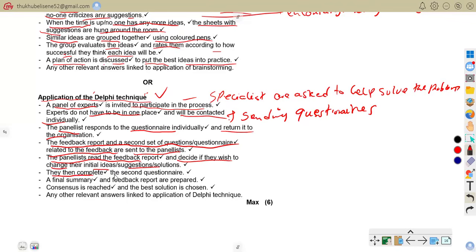They then complete the second questionnaire. The final summary and feedback report are prepared. So you summarize and present. Answers are combined and presented for further comment. Now the consensus is reached and the best solution is chosen. After several rounds, that is that.